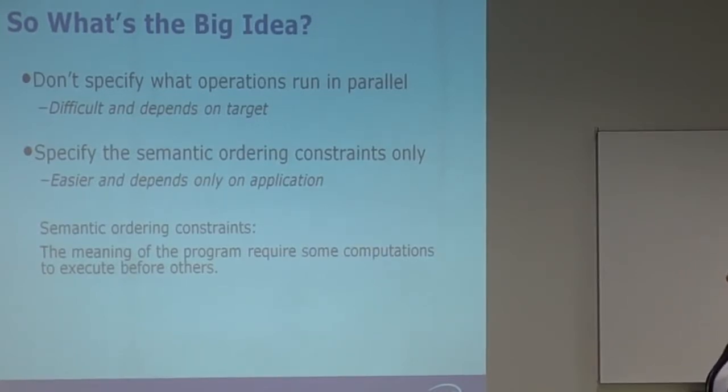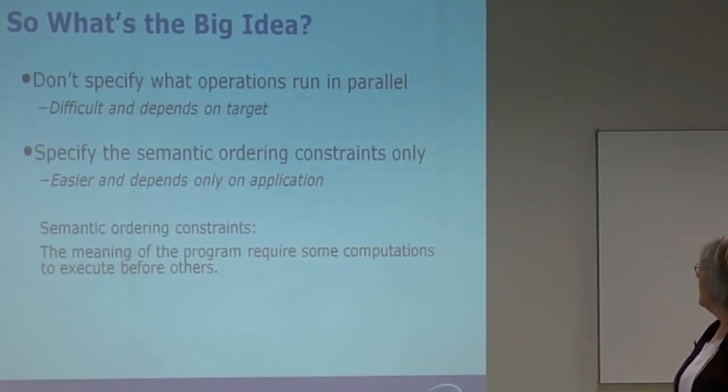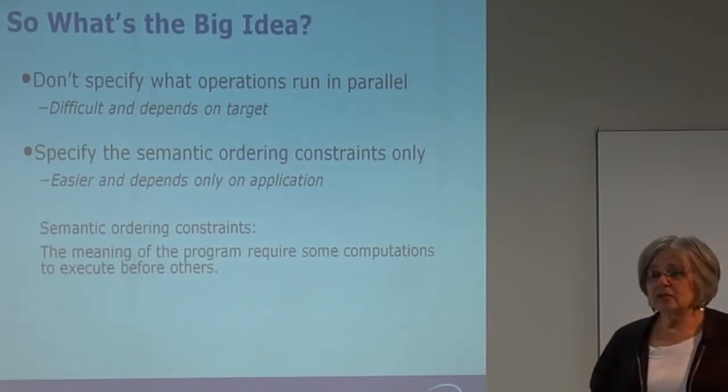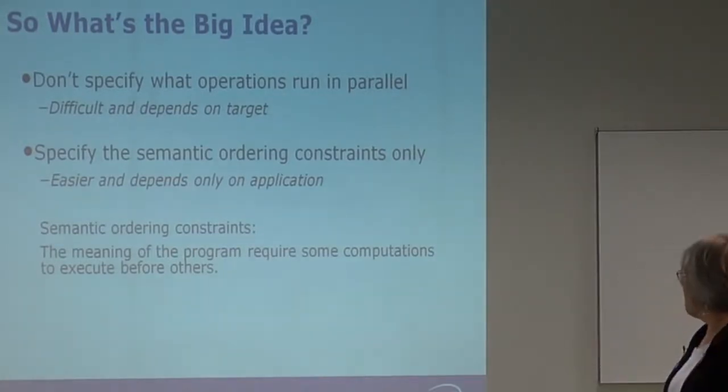And in addition, instead of specifying what operations run in parallel, we'd like to specify just the semantic ordering constraints and nothing else. So these constraints are easier. You have to know them in order to write a correct serial program. And in addition, they apply to the application only. They don't have anything to do with the hardware. So they're simply semantic constraints.